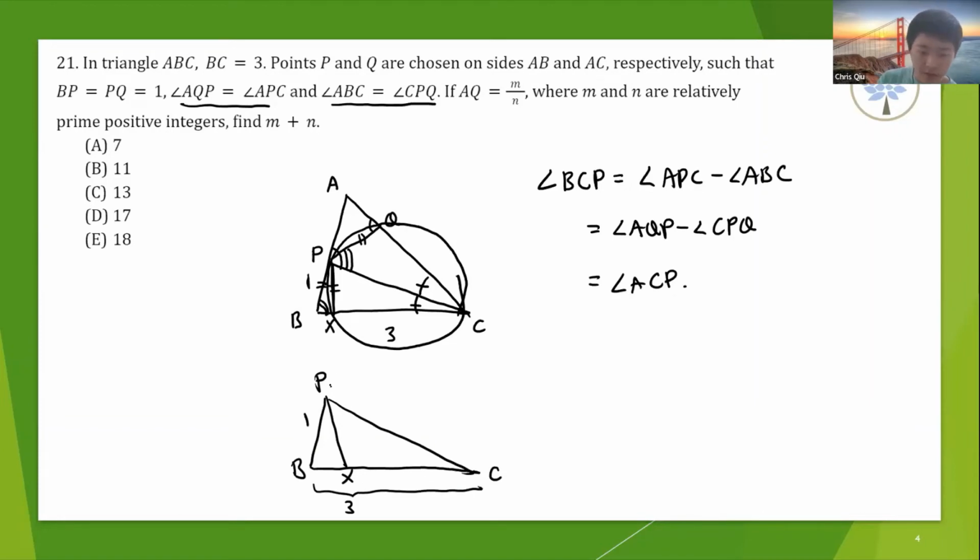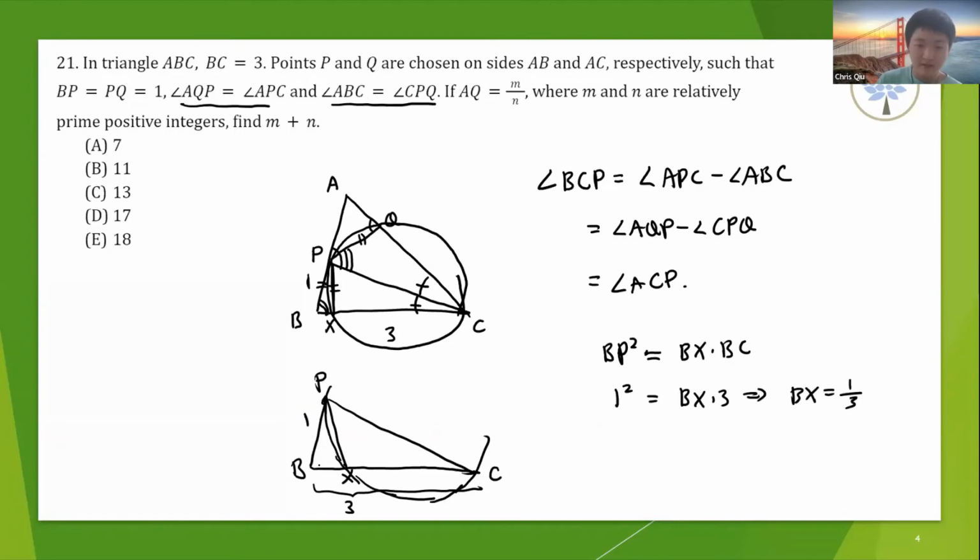And from power of a point, since we know that the circle is tangent to line AB at this point P, we can find that BP squared is equal to BX times BC, where BP is equal to 1 and BC is equal to 3. And from here, we can find that BX has length 1/3.